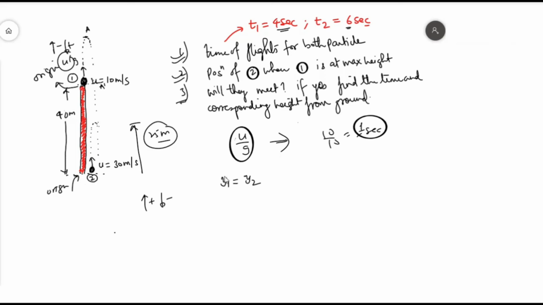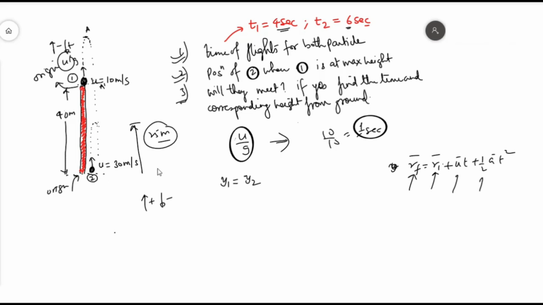So what is the general position of particle 1 as a function of time? It's already at an initial displacement of 40. Again we know Rf is equal to Ri plus ut plus half at square, where Rf is the final coordinate, Ri is the initial coordinate, and these terms are self-explanatory.